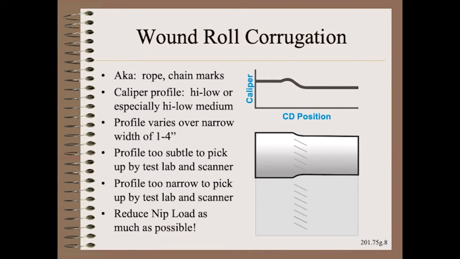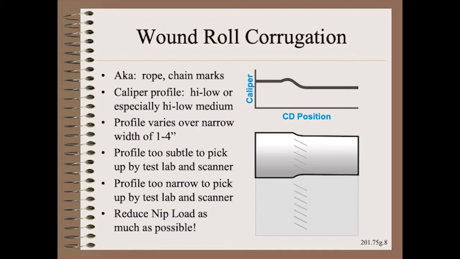Let us apply our new language to a very old and very common wound roll defect, the corrugation. In nearly every case, it is caused by a thickness variation across the width, i.e., thickness profile. However, not just any profile shape will make a corrugation. It must, of course, be big enough.